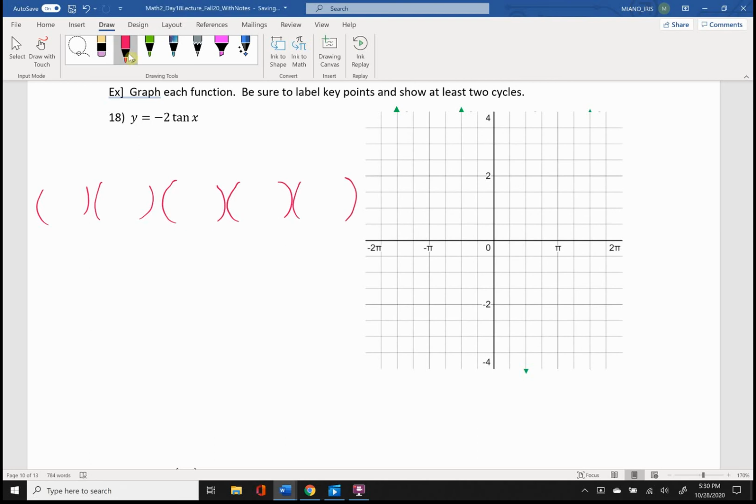Obviously, you want to have your pi and your negative pi, because we want to do 2 full periods, 2 full cycles, and we want to go through the origin in between.